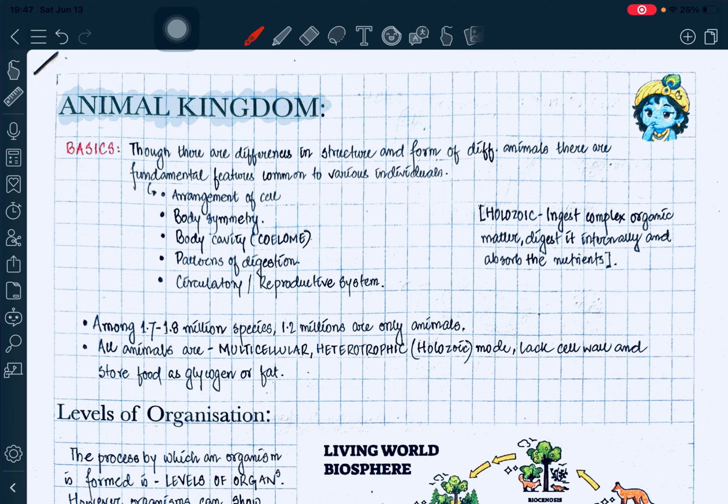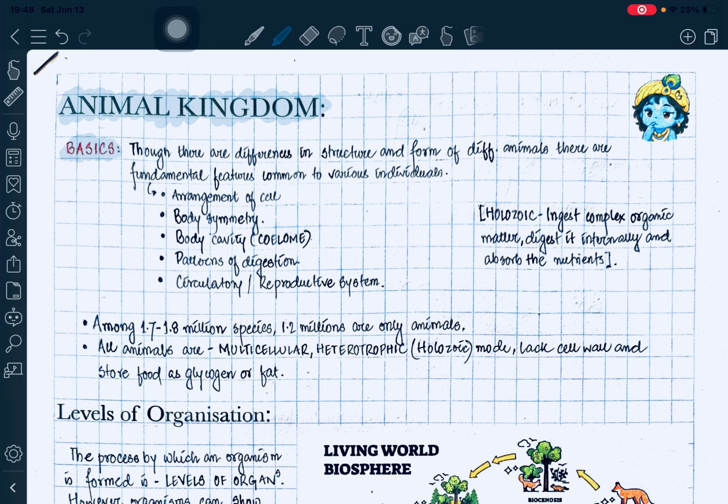Before we start our discussion, we have to understand the basics of this animal kingdom, that is, the basic things that we need to keep in mind while studying it.